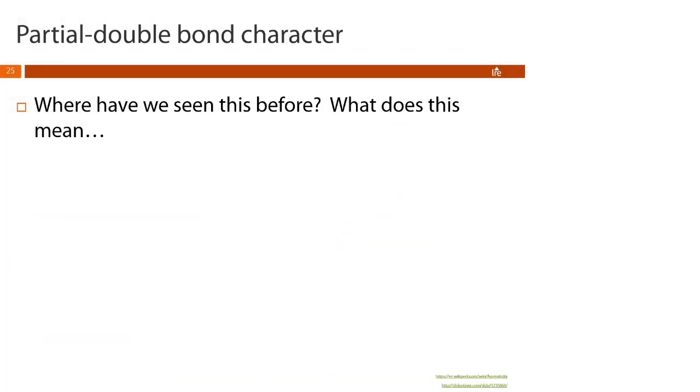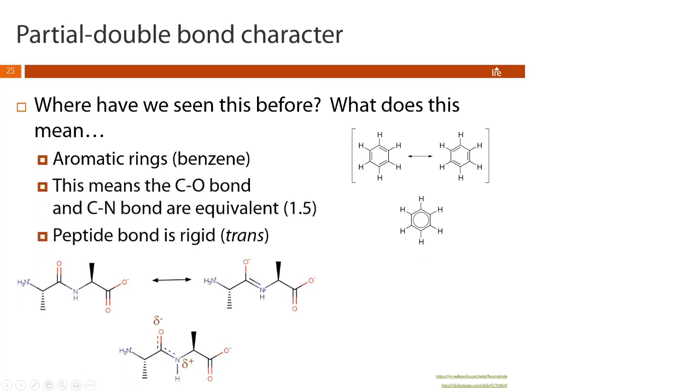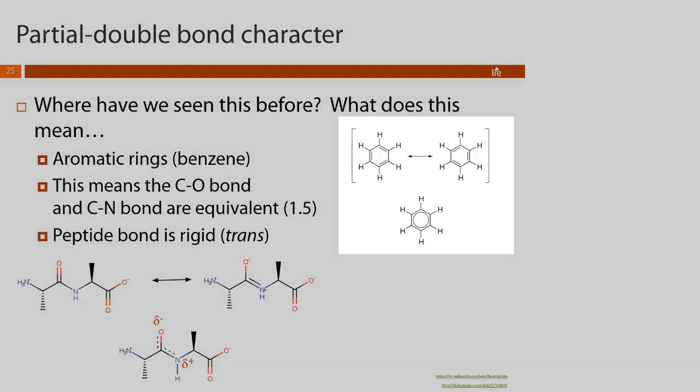The peptide bond has what we refer to as a partial double bond character. So where have we seen this before? What does that mean? This is similar to what we saw when we talked about aromatic rings earlier in the semester. Remember, imagine how a benzene ring is constructed by 6 carbons that are single bonded to each other, but we have 6 additional electrons that flow throughout the ring, making all carbon-carbon bonds in a benzene equivalent 1.5 bonds.